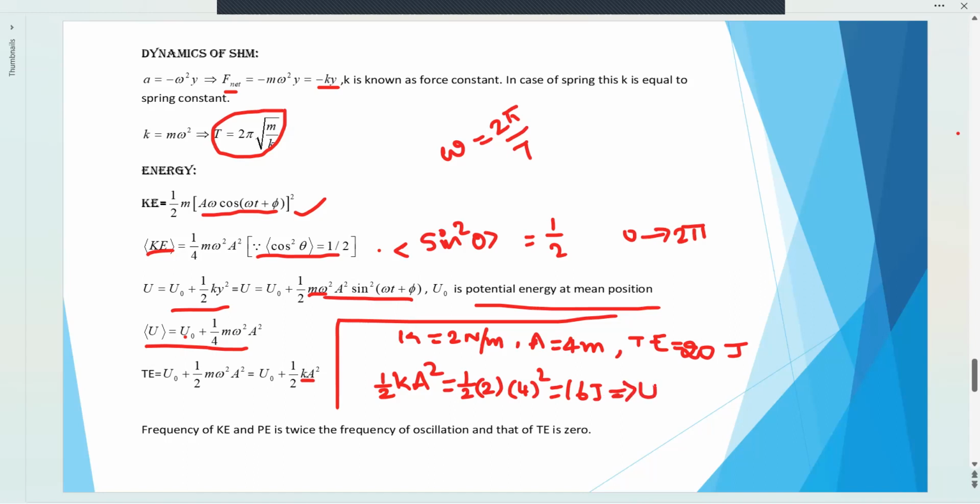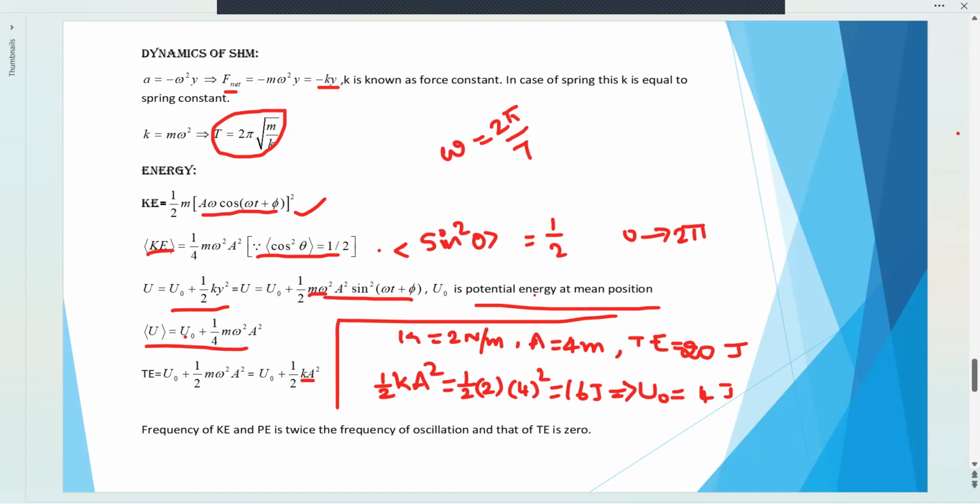That implies U naught is equal to 4 joule. So whenever a question is given, we have to calculate what half k a square is and what the total energy given is. From that, we can decide whether the minimum potential energy is 0 or non-zero.